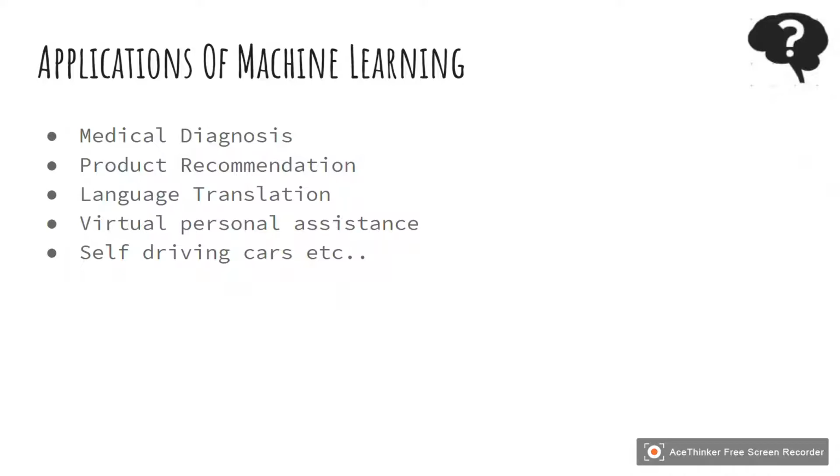And virtual personal assistants. Nowadays I think you would have heard about Amazon's Alexa or Google's Siri, which are virtual personal assistants. You don't need to type anything into the computer, you just need to orally let the personal assistant know what you want. Like, let's say, hey Siri, or hey Alexa, I want to know what the temperature is today.